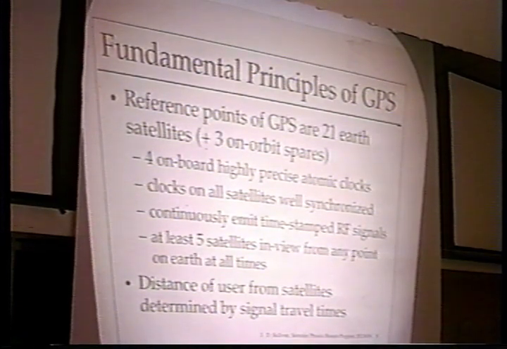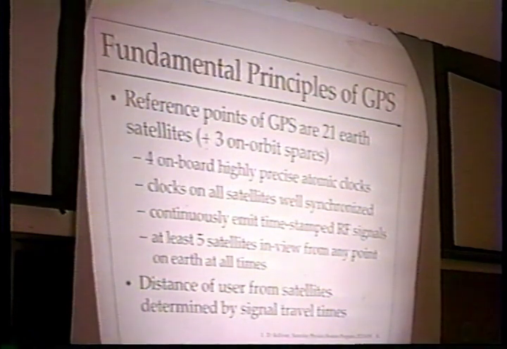But it must be done, and it is done. These satellites continuously emit a time-stamped radio frequency signal, stamped precisely in time because of the reference clock on board. And the constellation of satellites is chosen such that at any point on the Earth, at all times, there are at least 5 in view, in fact, at least 5 degrees above the horizon.